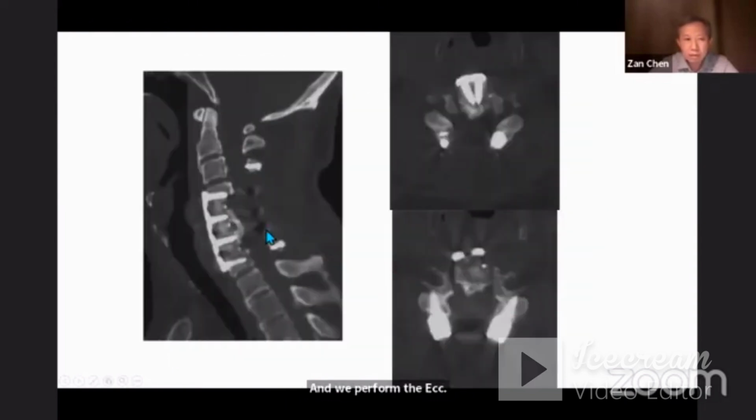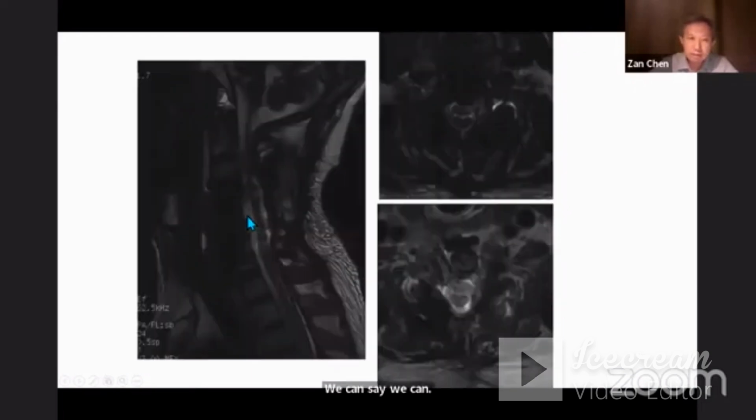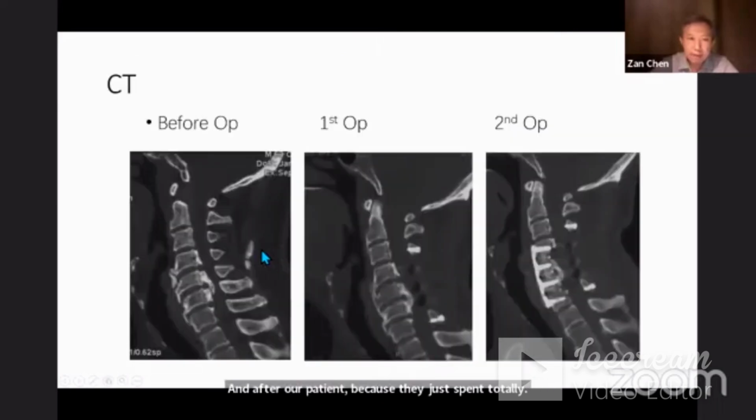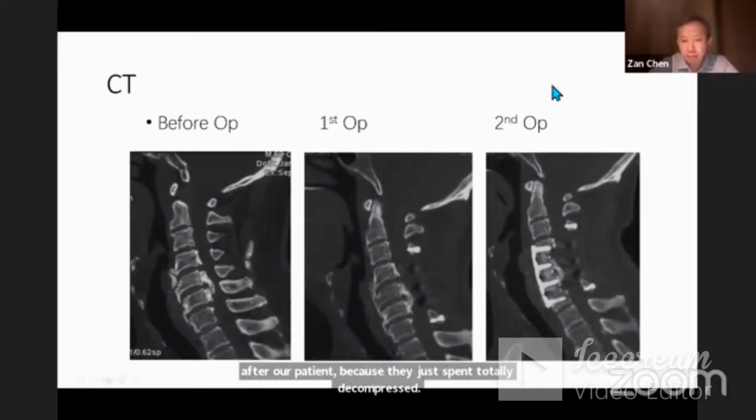And after surgery, we can totally enlarge the cervical spinal canal. And after operation, we can see the spinal cord is totally decompressed, and the patient's symptoms got much better.